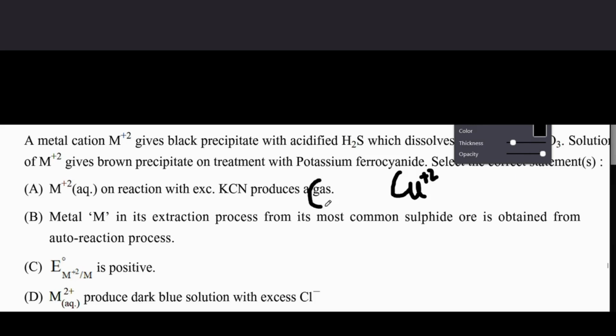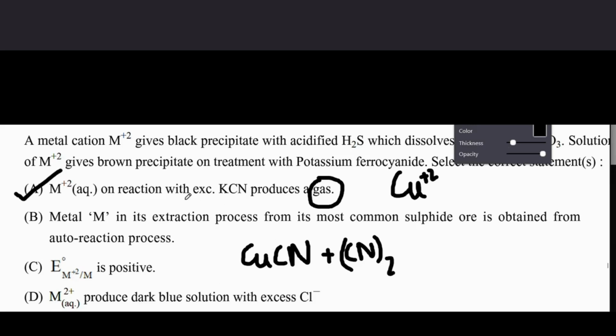Now this gas is definitely produced because in the first step of the reaction of copper 2+ with KCN, we get the precipitation of copper cyanide CuCN, which is a white precipitate, and we get the evolution of the cyanogen gas, whose formula is (CN)2. So gas is definitely evolved in the process, and therefore option A is correct.